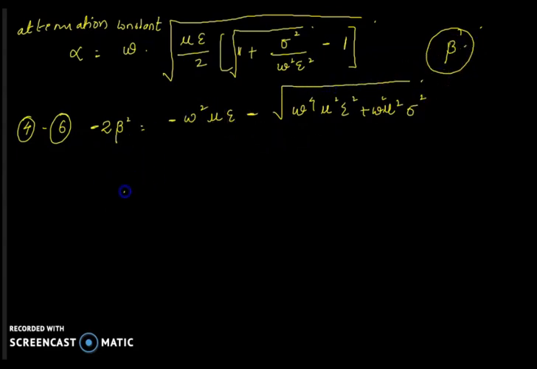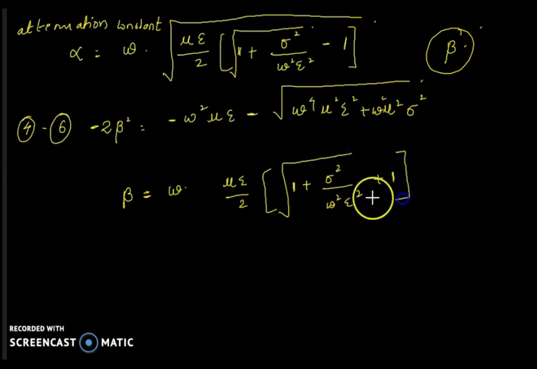So from this expression we can find what is beta. So beta is the same as that of alpha. It is very easy to remember the expression of alpha and beta. If you know alpha, the beta is omega mu sigma by 2 into 1 plus sigma square by omega square epsilon square.